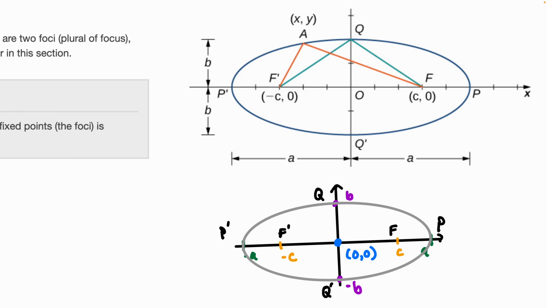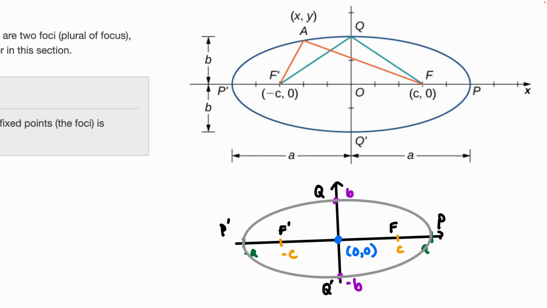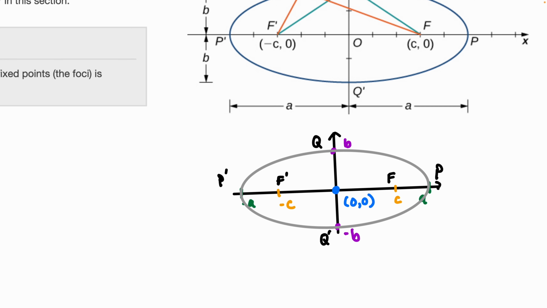All right, and in this picture, you want to note that a is bigger than or equal to b. So in the case where a and b are actually equal, that would be the case of the ellipse turning into a circle. But when we're talking about ellipses proper, then we want to introduce this notion of a foci.